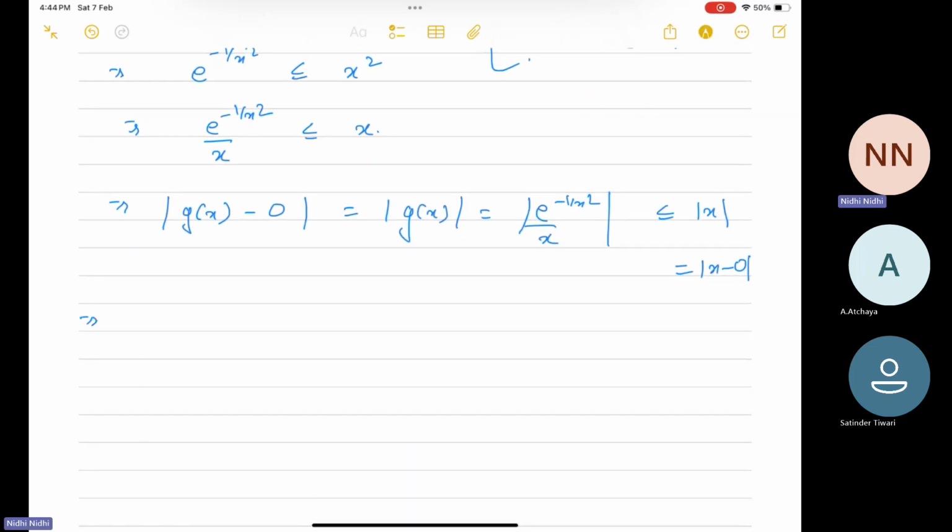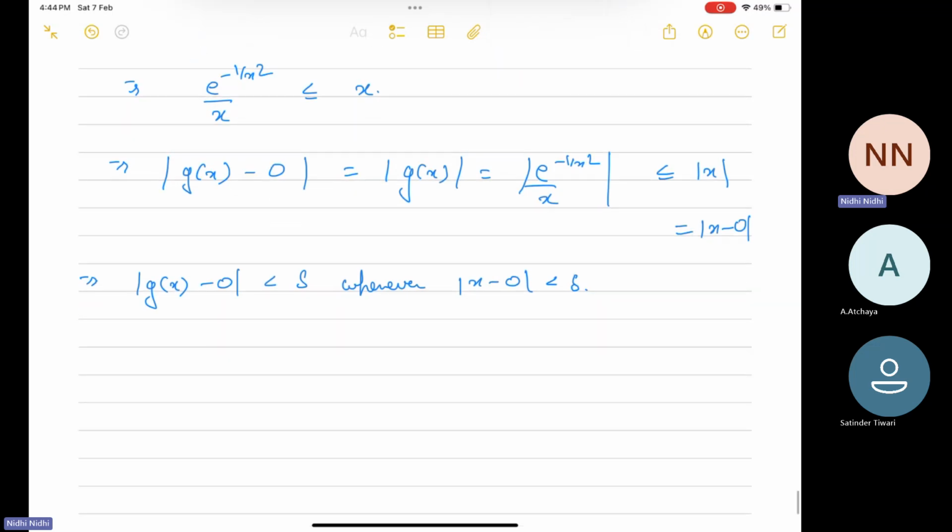This implies mod g(x) minus 0 is less than delta whenever mod x minus 0 is less than delta. Why we did this? Because we want to prove that limit x tending to 0 g(x) exists, and in this case it is turning out to be equal to 0.